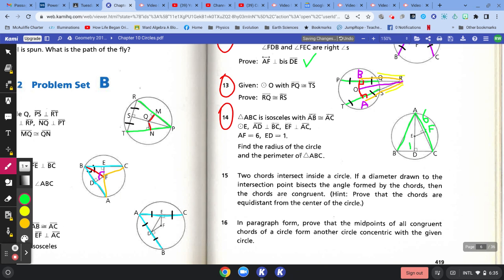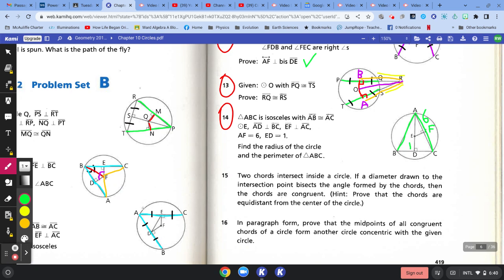Okay, so we want to find the radius of the circle, and we want to find the perimeter of triangle ABC. So pause the video and see what you can come up with. This one is going to require some systems of equations and a little Pythagorean theorem and maybe some quadratics.